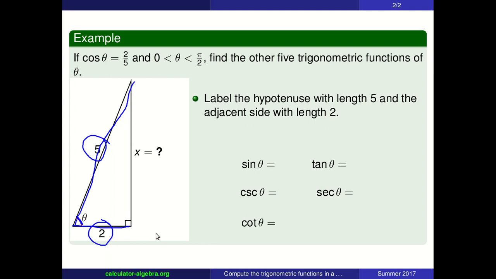So I'm guaranteed that if I can construct an angle with hypotenuse 5 and adjacent leg 2, then that right angle triangle will correspond to the trigonometric functions that I'm seeking to find, right? Let's see how that goes.